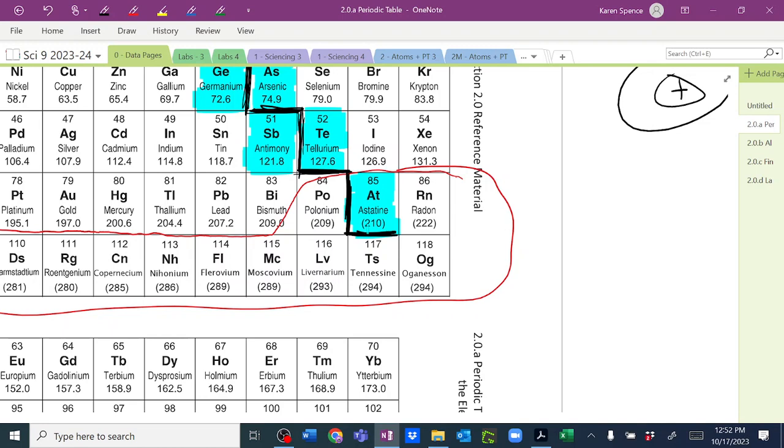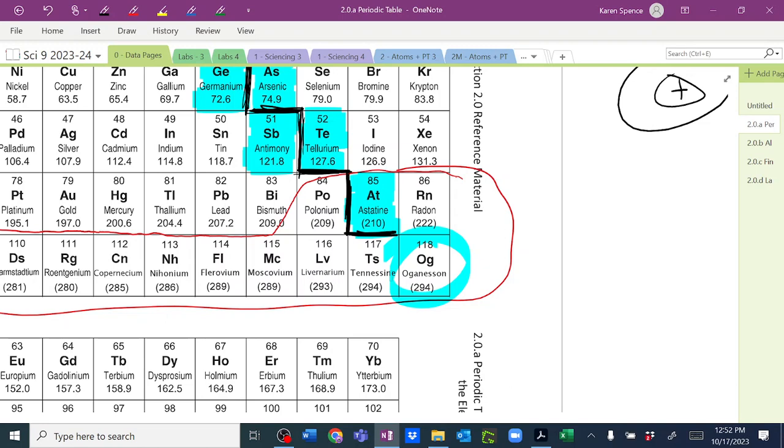So I'm never going to ask you about astatine or oganesson, whatever the heck that is. Oganesson, which is after radon, right? Oganesson is here. Technically, I guess you could call it a metalloid, but it doesn't last long enough for us to really know. So don't worry about the very, very bottom right of the periodic table.